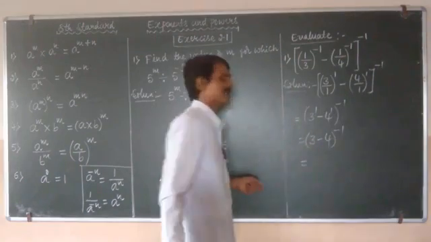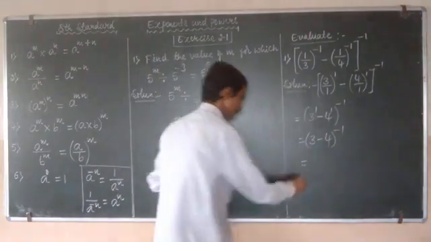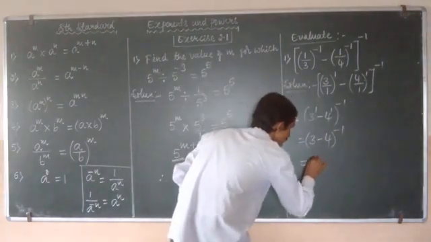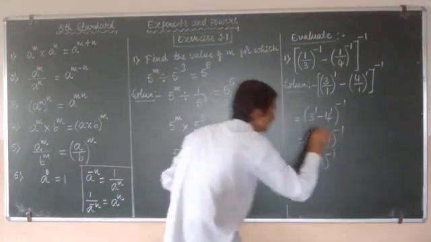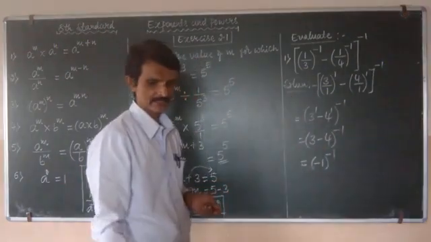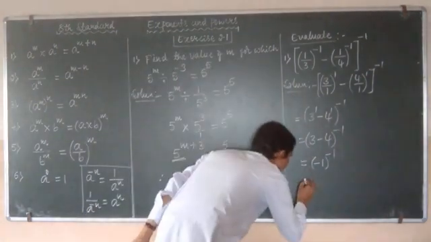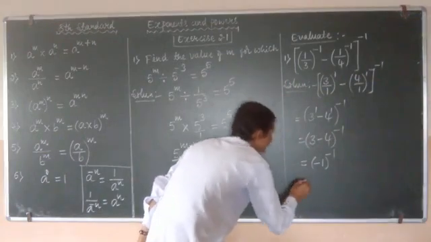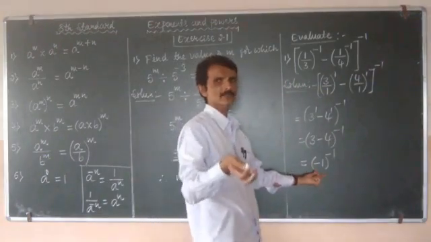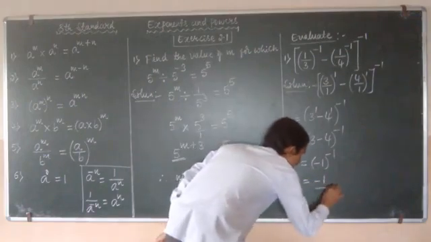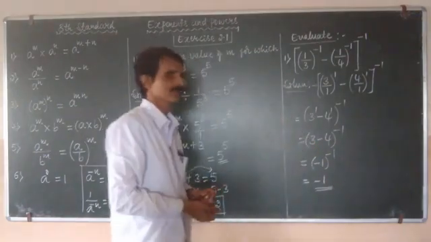So if you subtract this, you will get minus 1 whole to the power of minus 1. So therefore, minus 1 to the power of minus 1 is always minus 1.